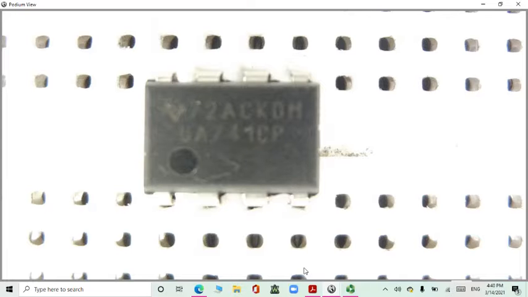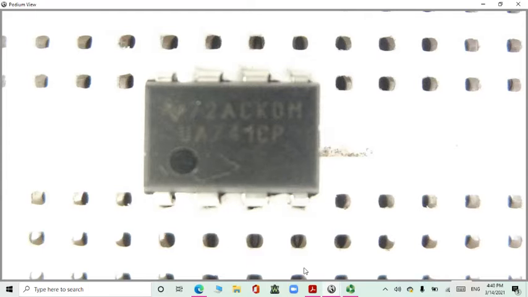Here also, 7 pins are active, but we are going to work only with 5 pins. Two pins are used for null offset, which is out of our box. The pins used for null offset are 1 and 5.